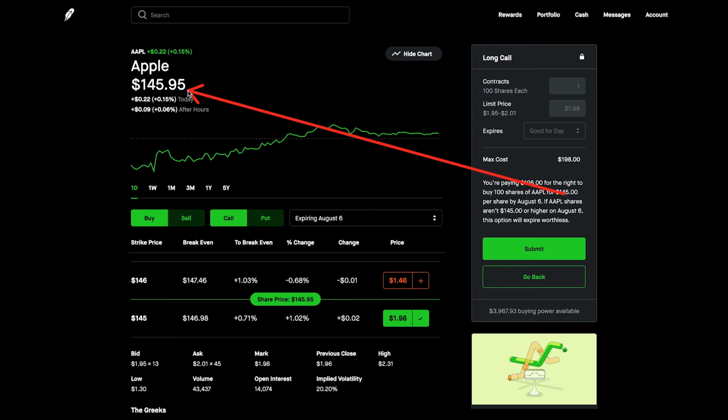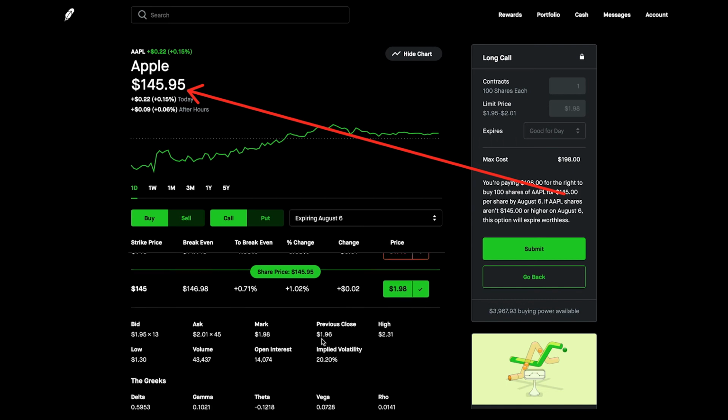This 95-cent difference per share is the intrinsic value. $95 is intrinsic value. So of this $1.98, 95 cents is intrinsic value. The $1.03 left over is time and volatility.